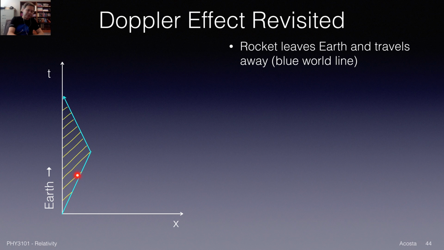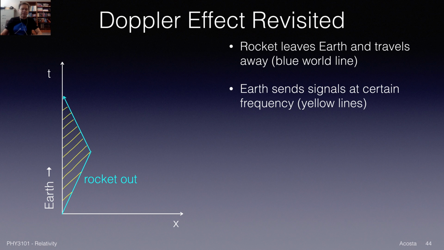So those lines should be at 45 degrees, which will be less steep than the rocket, which has to be going at a slower speed. Just to point out again, the blue is the rocket's world line. This is when the rocket's going out. And as I said, the Earth is sending signals at a certain frequency, and those are the yellow lines, which are at a 45-degree angle.